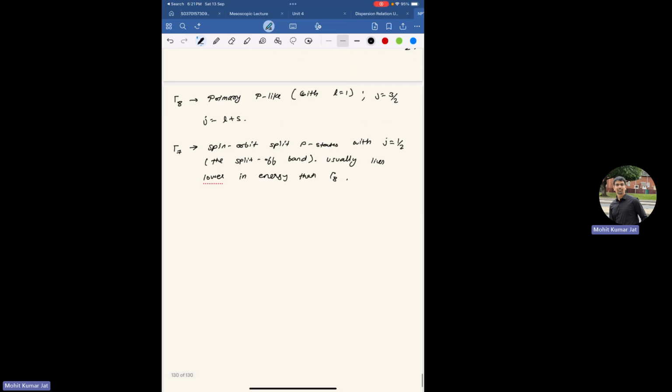Now, coming to the question part, which is the normal ordering of cadmium telluride, which is the conduction band and which is the valence band. CdTe is a normal semiconductor.